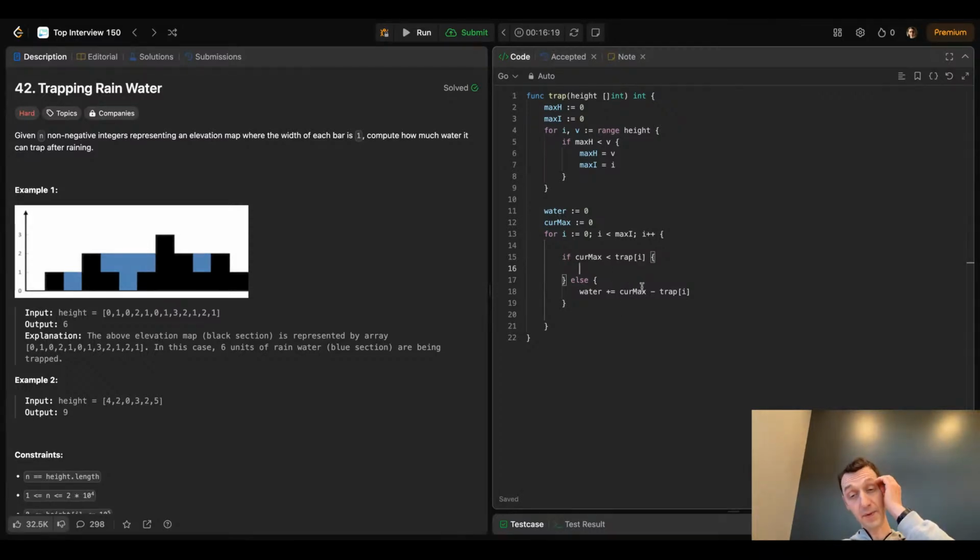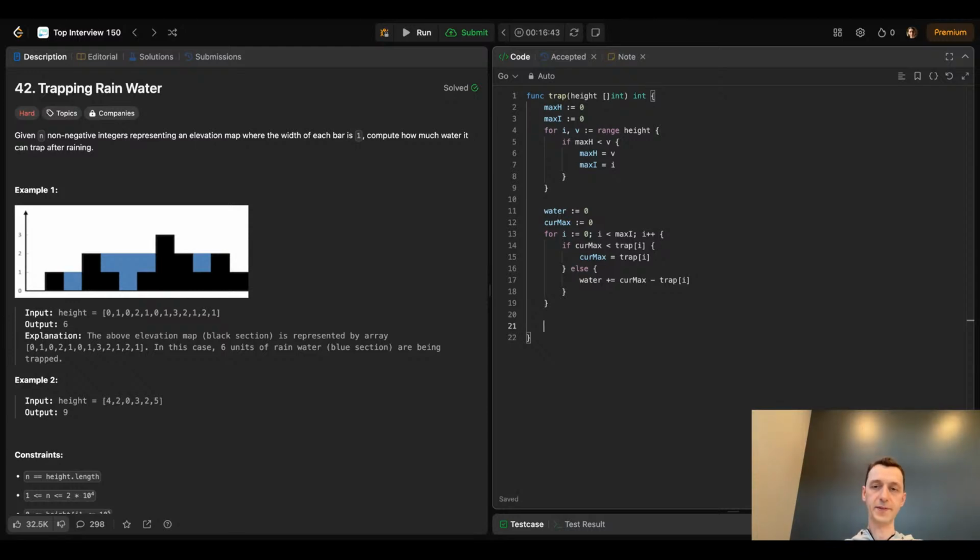When it's updated, there is no water to collect, so we don't need to collect water. We just say that current max is trap ith. That's kind of it. So now we count that water.